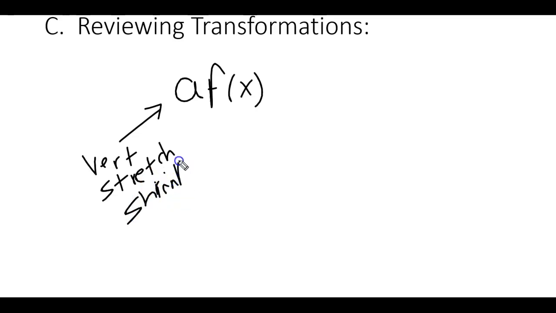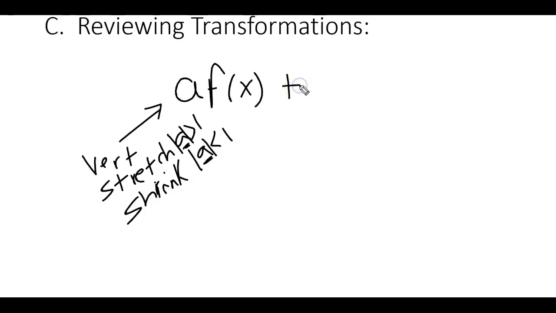It's a stretch if the absolute value of a is greater than 1, and it's a shrink if the absolute value of a is less than 1. So in other words, we don't pay attention to whether a is negative or positive. We just look at the number itself, and if that number is bigger than 1, then it's a stretch. If it's less than 1, then it's a shrink.